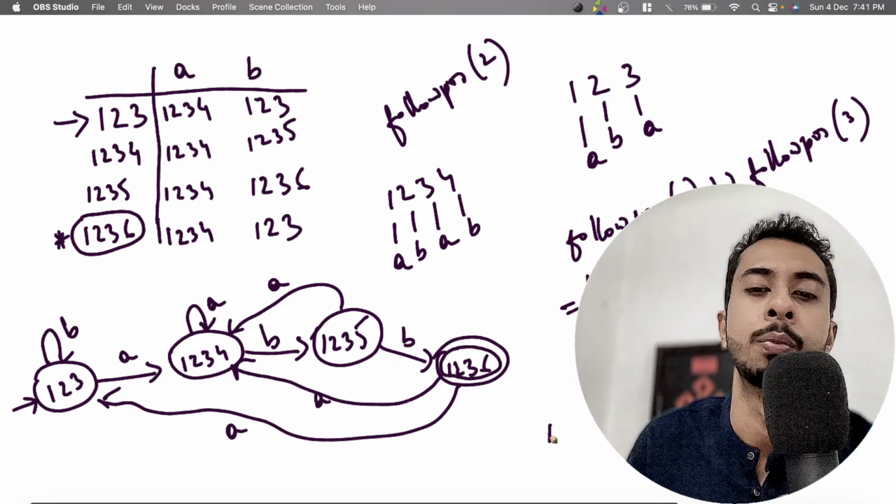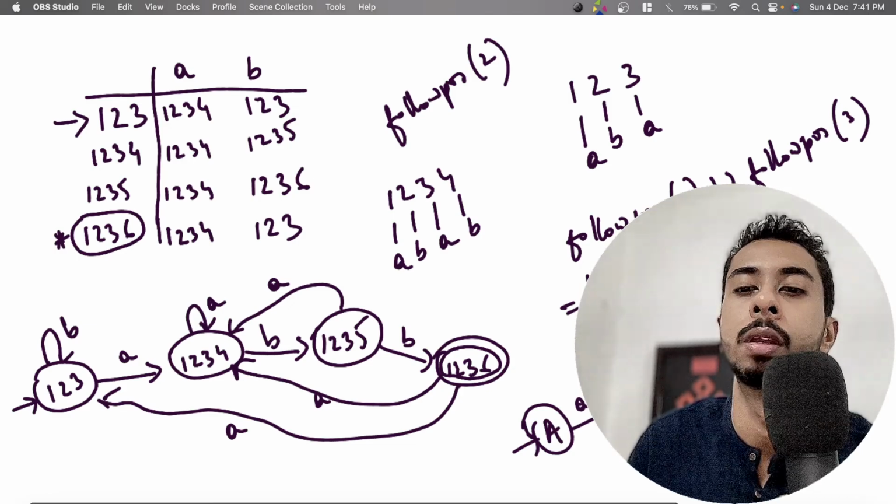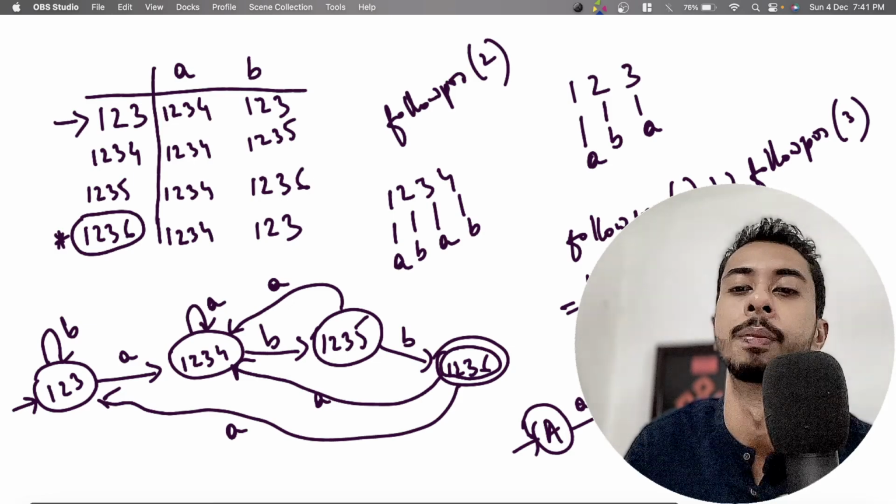You can draw it in a simpler way like this: A goes to a new state B, B on B goes to a new state C, and C on B goes to a new state D, which is the final state.